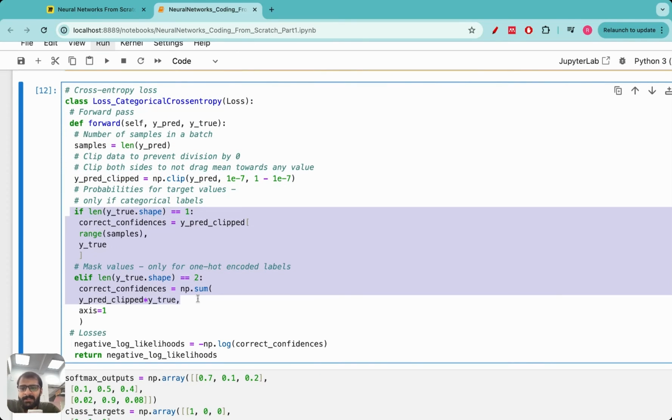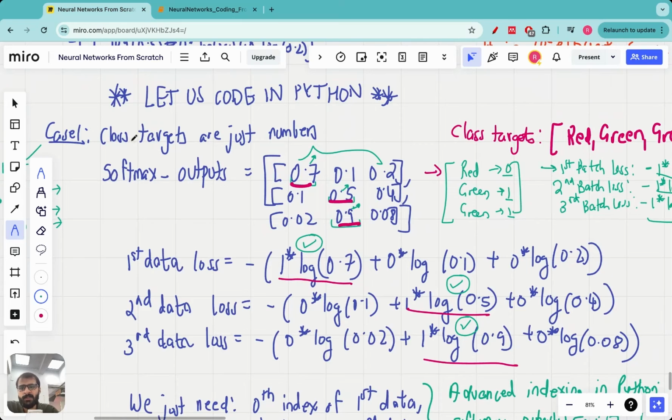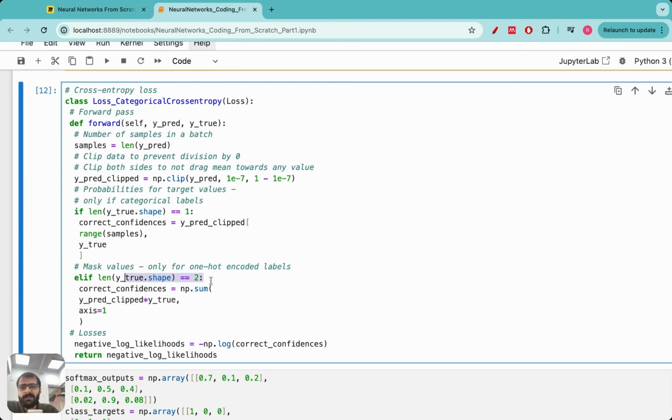What it does later is that it checks whether the shape of the true value is one dimensional or two dimensional. If it's one dimensional, it's the case one which we had seen, so class targets are just numbers. Whereas if it's two dimensional, it means that the class targets are one hot encoded, right?